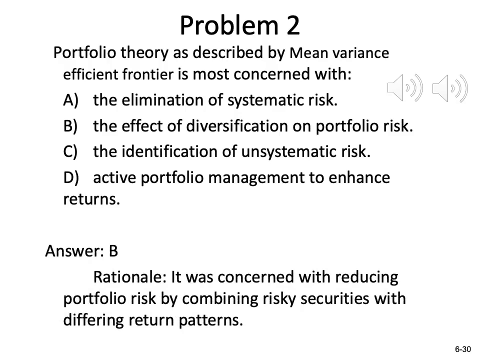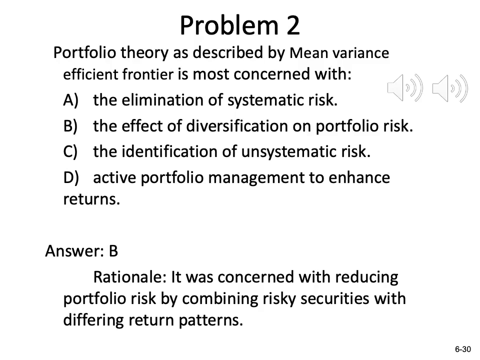Portfolio theory as described by the mean variance efficient frontier is mostly concerned with B, the effect of diversification on portfolio risk. We are mostly concerned with reducing the portfolio risk by combining risky stocks or bonds with different return patterns.